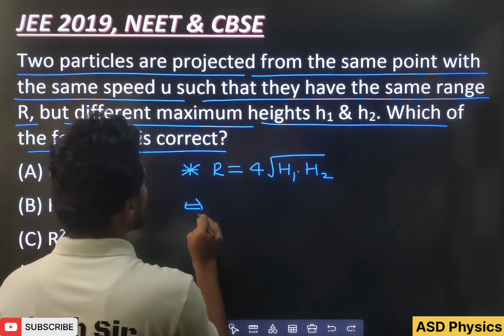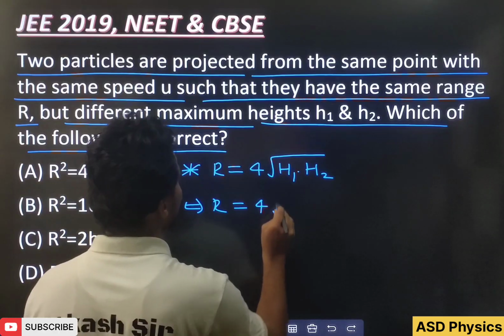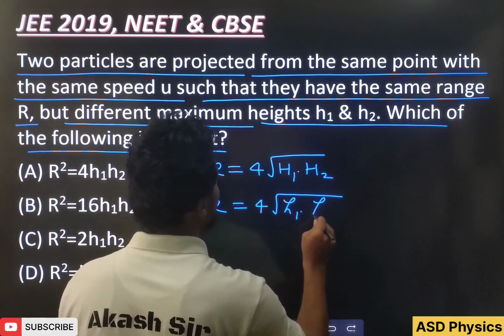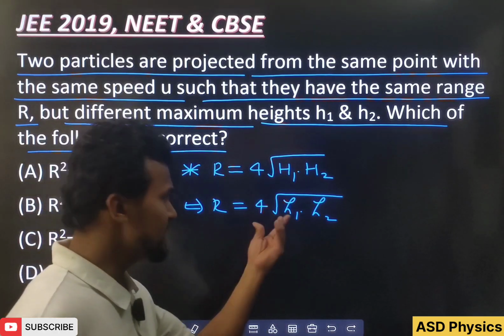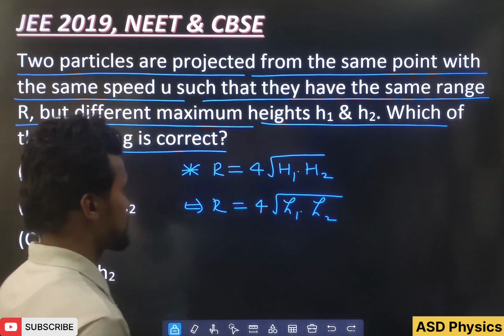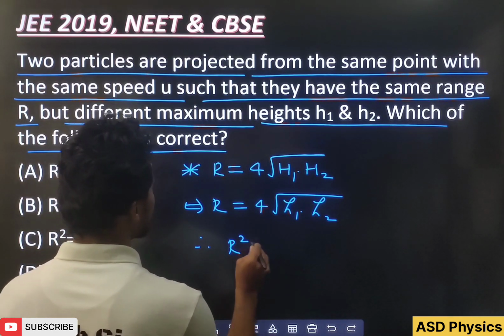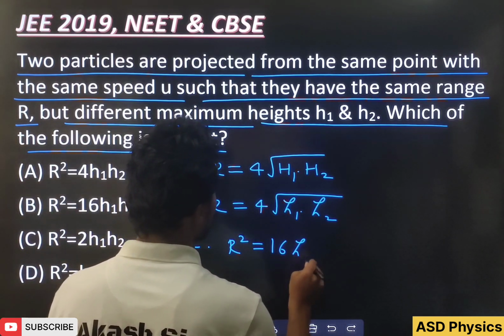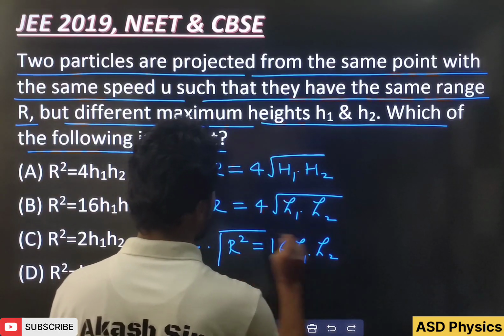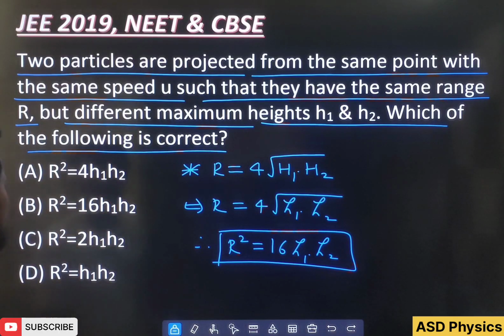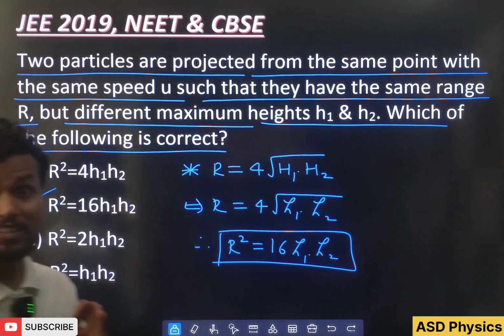Okay, but here in the question they are telling small h1 h2. First projectile height h1, second projectile maximum height h2. So if you take the square on both the sides, see R square equal to 16 h1 h2. Here remember the formula. So R square equal to 16 h1 h2. The correct option is here. Option B is the answer.